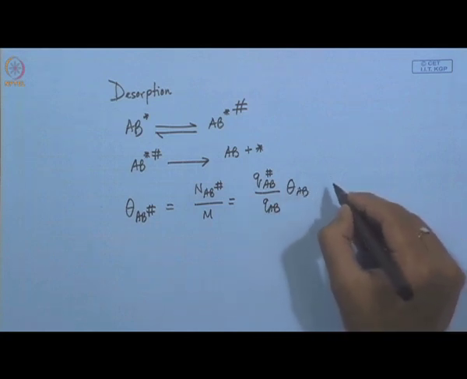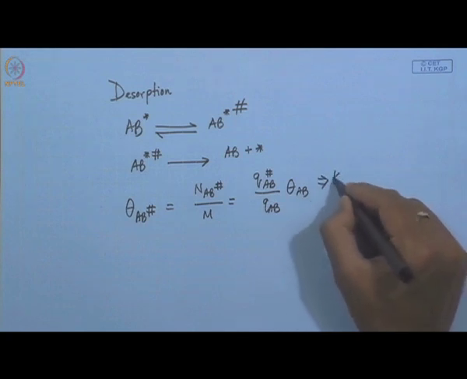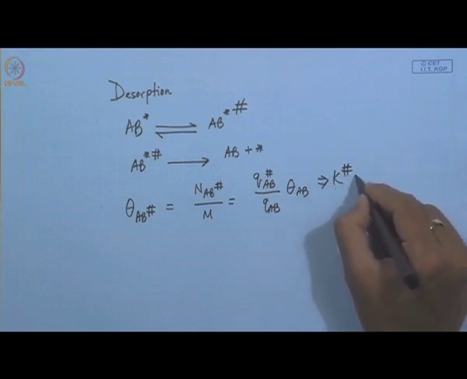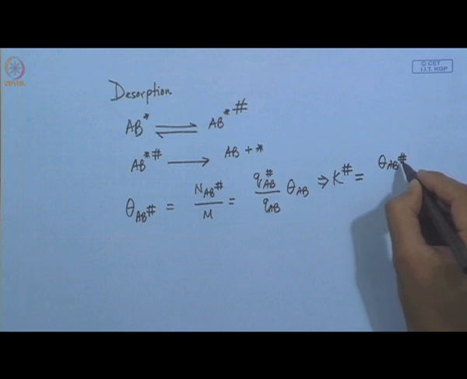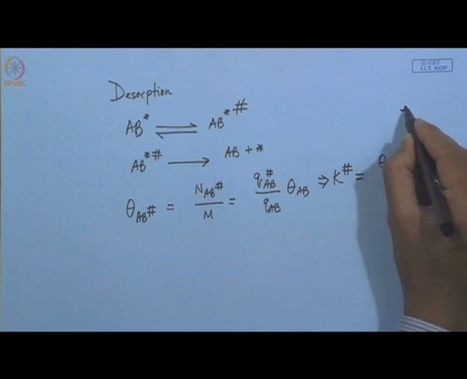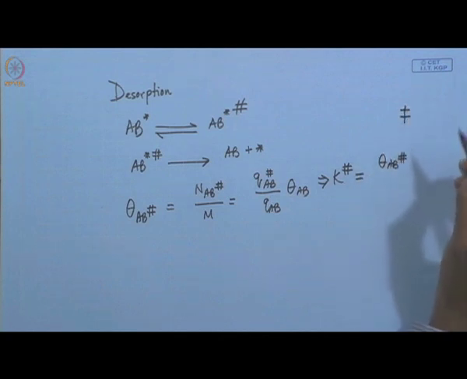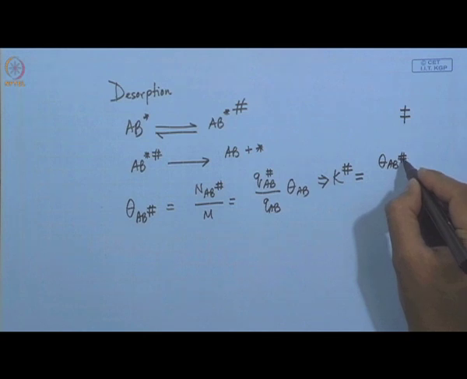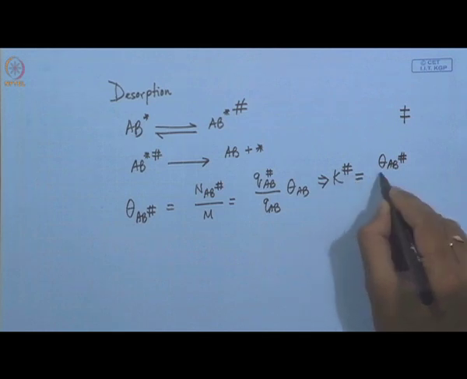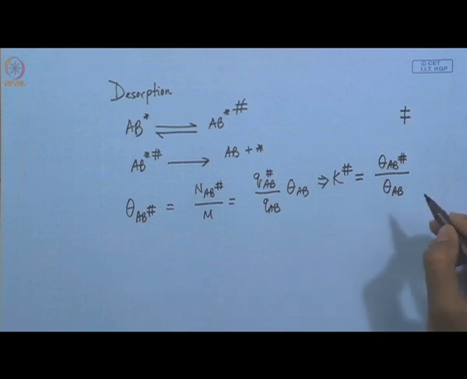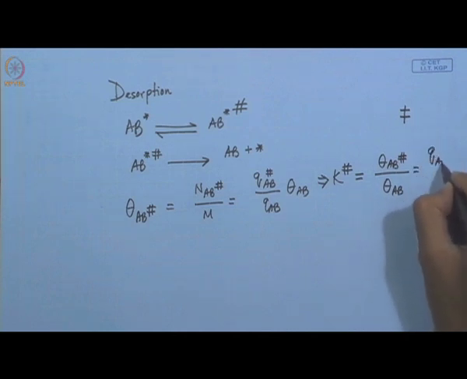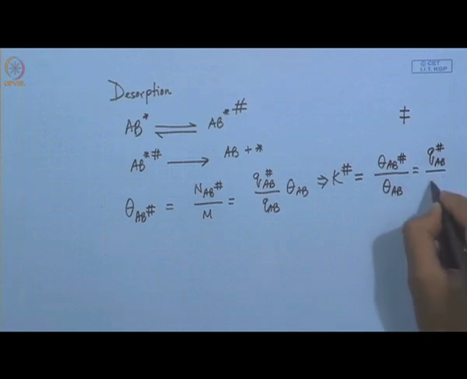From this it can be written that K double dagger is this by theta AB. In some books you will find that in place of hatch the symbol is a double dagger, or sometimes it is called the pound symbol. So K double dagger is equal to this by theta AB, which is equal to QAB double dagger divided by QAB.